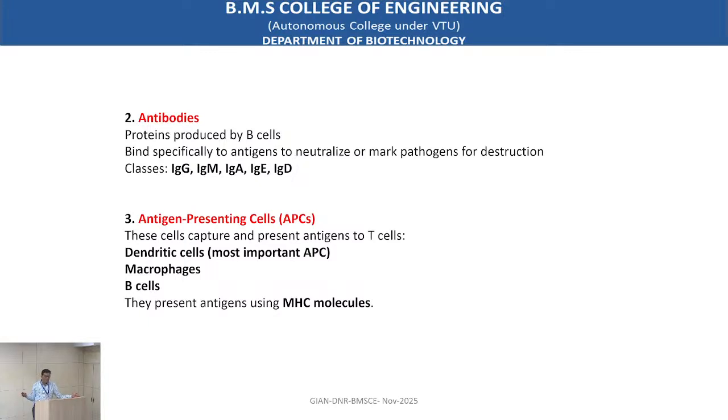For bacterial pathogens, it is the MHC2 pathway, that means CD4 T cells and the MHC2 pathway. The helper T cells recognize antigen presenting cells presenting antigen, get activated, and then activate the B cells. In that way, antigen presenting cells are important to show the antigen to immune components such as T cells.